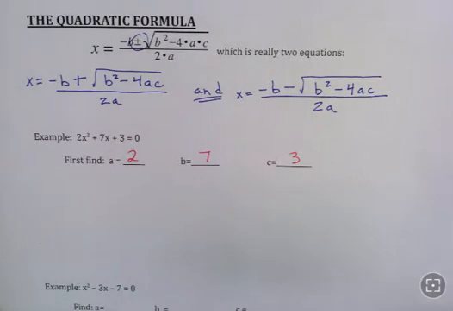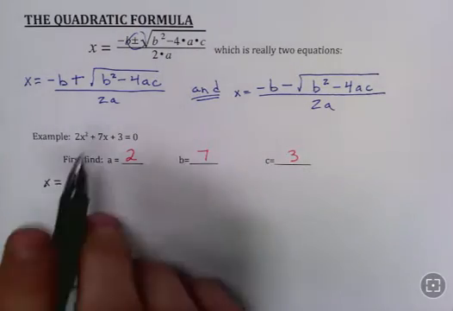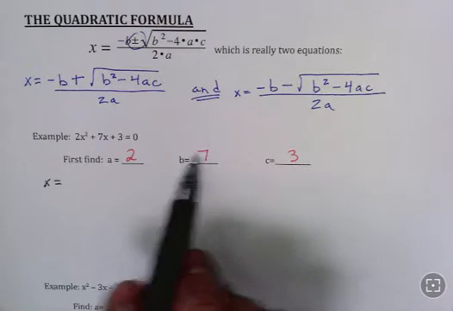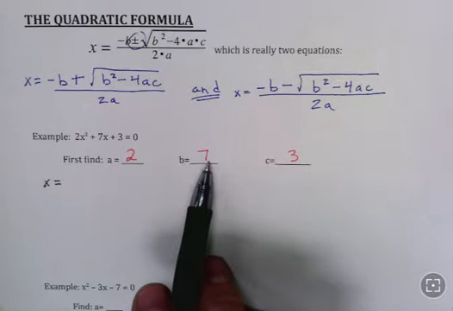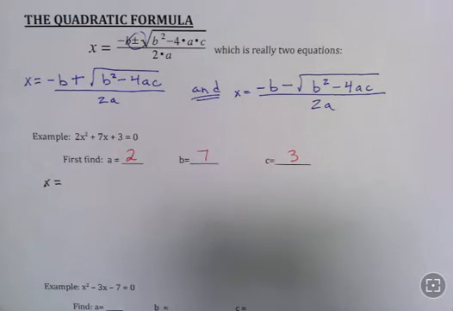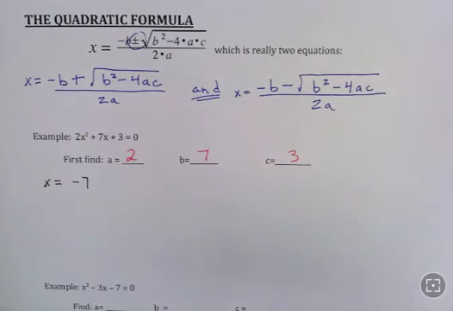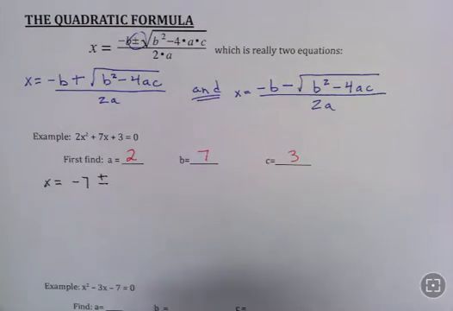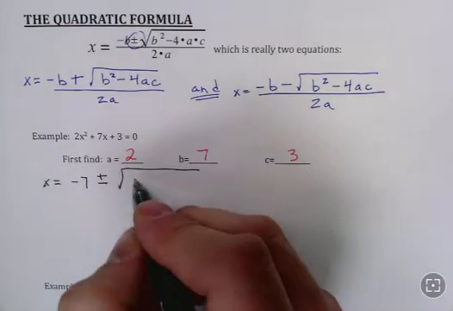So as we write it out, x is equal to, we don't say minus b, we say the opposite of b, because you're going to write down whatever this coefficient is in your b slot and then say the opposite of that. So the opposite of a positive 7 is a negative 7. And then plus or minus the square root of, and try to be neat on this, 7 squared.